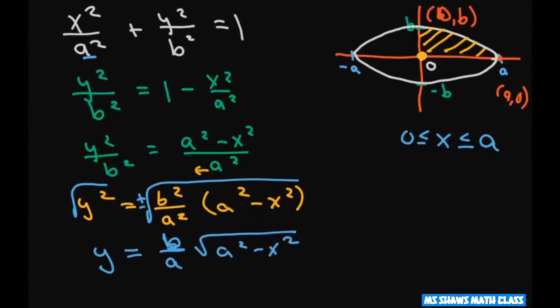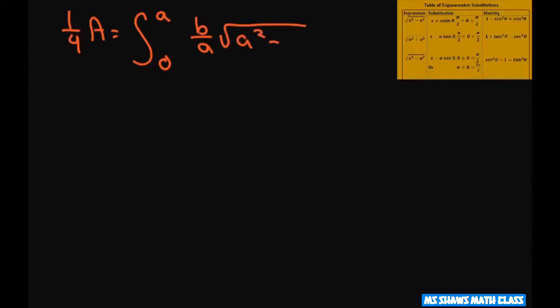So what we're going to do is set up an integral, and we're going to write this as 1/4 of the area equals the integral from 0 to a of b divided by a times the square root of a squared minus x squared dx.